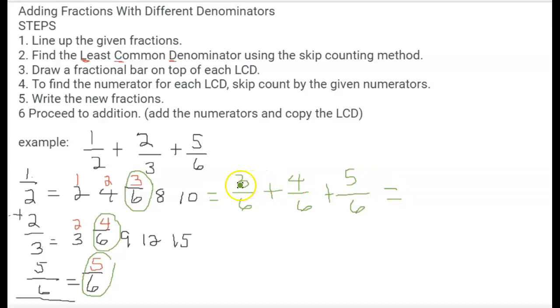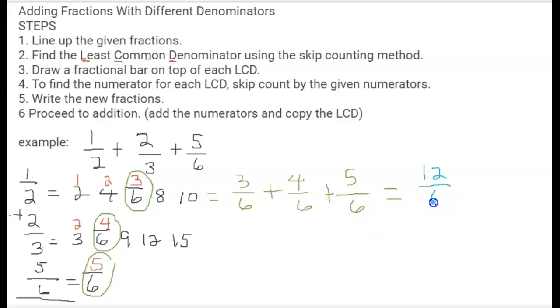So my numerators are 3, 4, and 5. If I am going to add them, I would be having 3 plus 4 is 7, plus 5 is 12. That would be my numerator. And for my denominator, I will just copy the least common denominator. And what is the least common denominator? It's a 6.